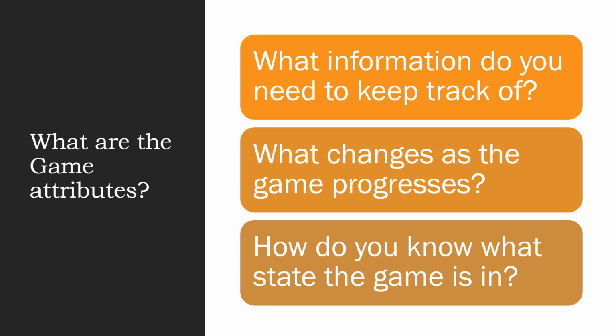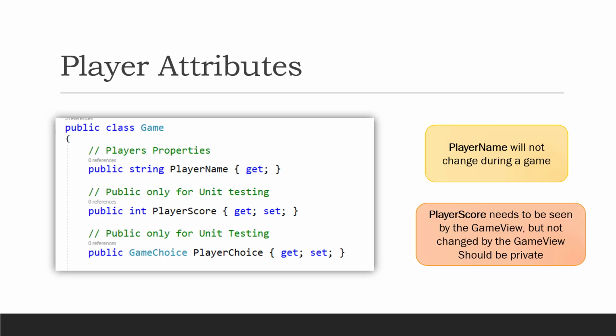So if we look at the model of the game, we need to think about what information we need to keep track of as the game changes and progresses. What state is the game in? And we also need attributes for the player.